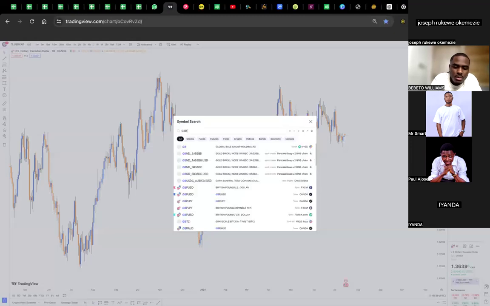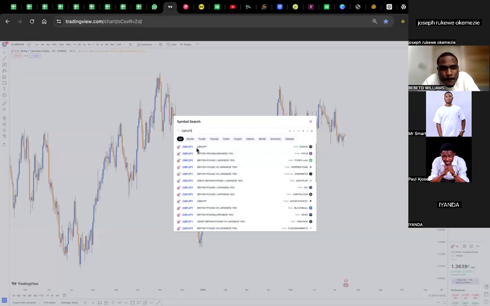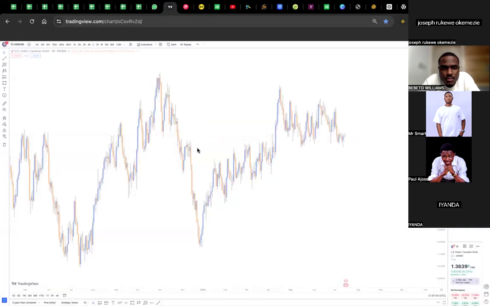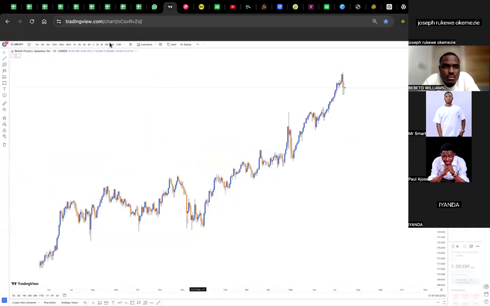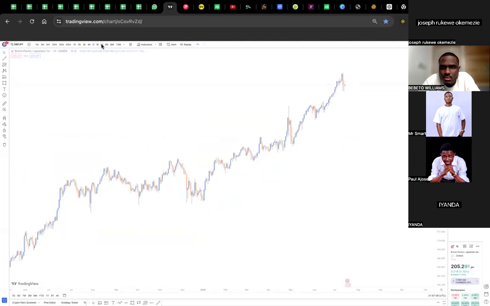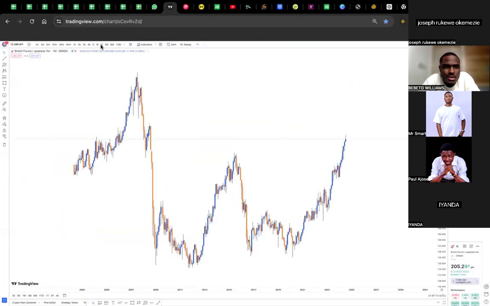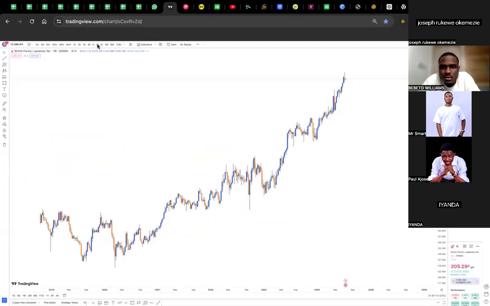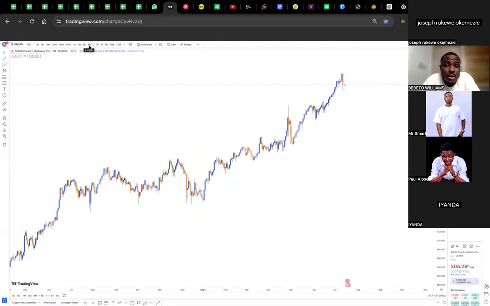GJ. GBP JPY. Please, GJ is more biased, but the market should retrace. Just wait for the market to retrace.